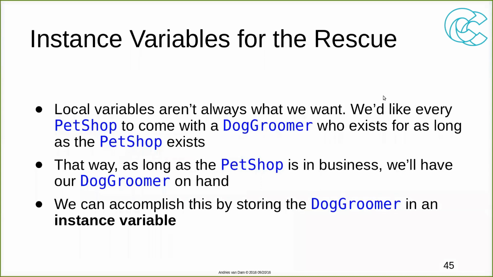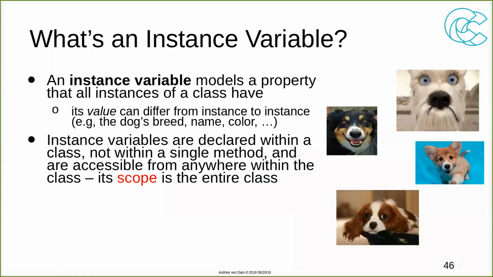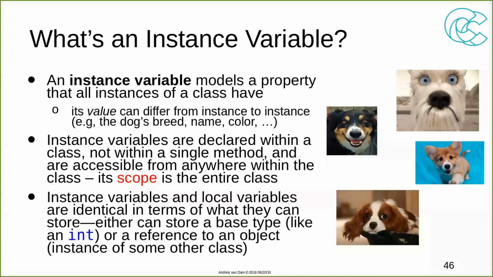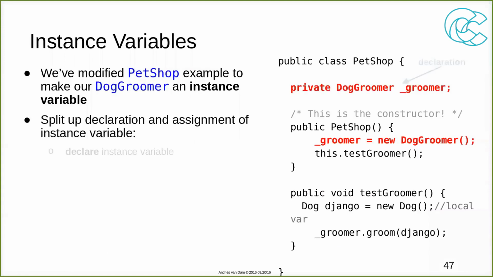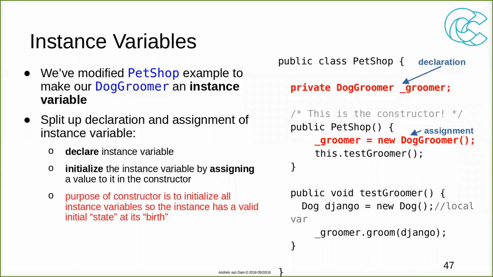One is, you can make it an instance variable, but it can have two visibility modifiers. Let me show that example. One is that you make it private.